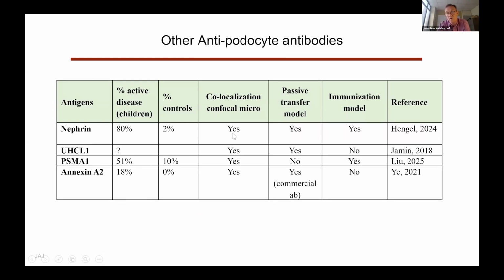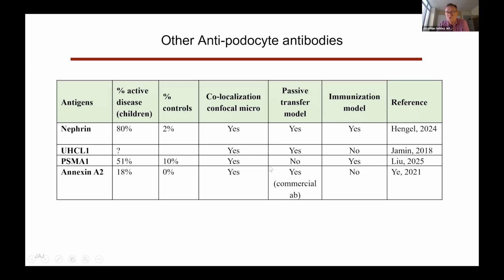They were able to show co-localization of IgG and the antigen on the biopsy using confocal microscopy. They were able to show that injecting some of these antibodies into rodents causes the disease. In this one, there's an immunization model where immunizing BALB/c mice with murine PSMA1 developed the disease.